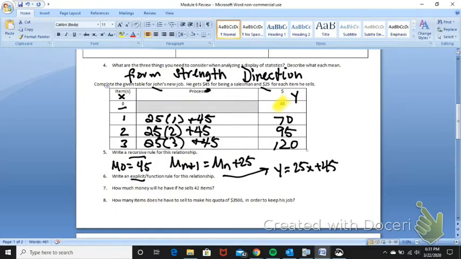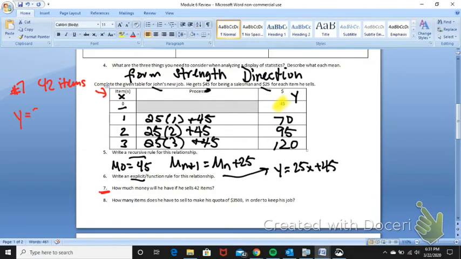So I'm going to change it up, go a different color, so we got some room. So number 7 right here, I'm going to work out number 7 here so we have some room. It wants to know how much money he has after he sells 42 items. So first thing we need to identify is if the number they give us is an X or a Y. In this case, we're talking about items, so that is going to be your X. So we're going to take the explicit here.